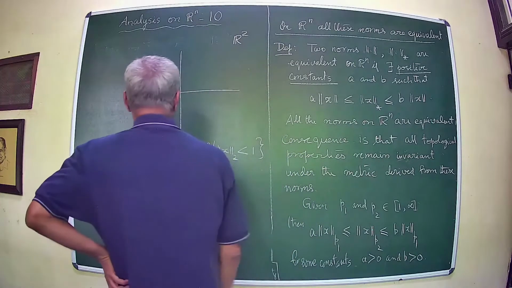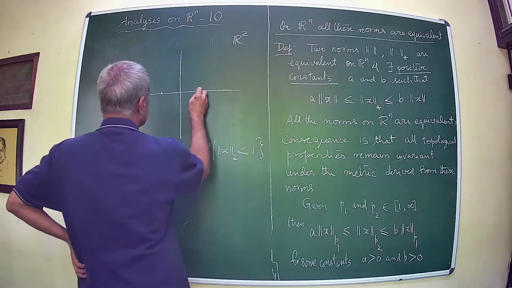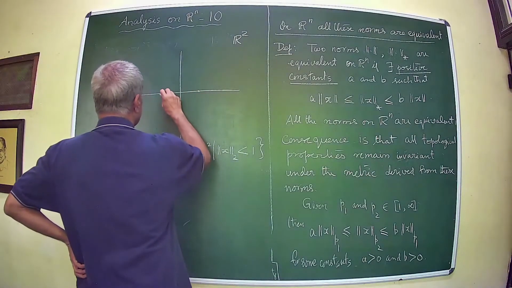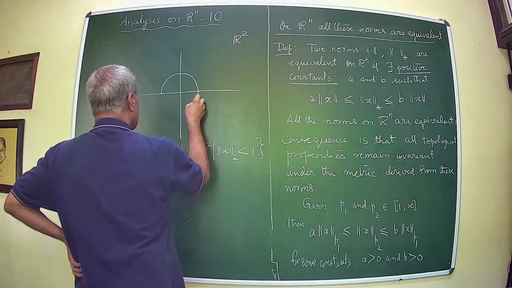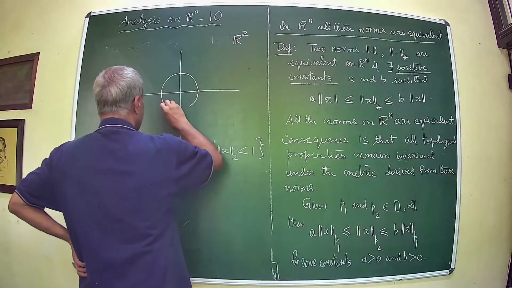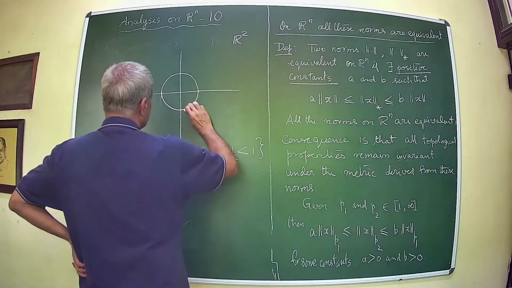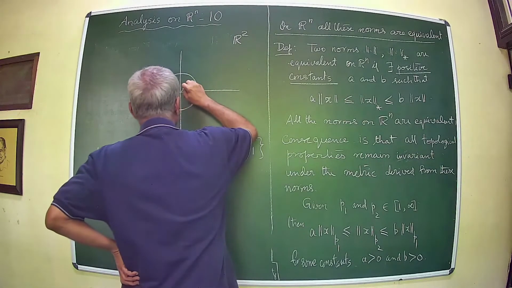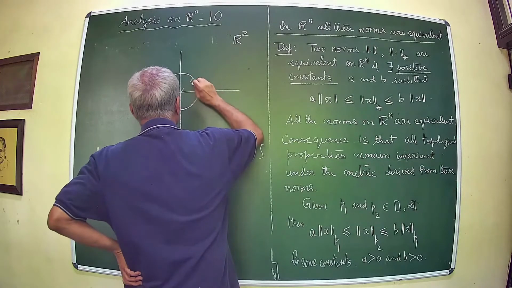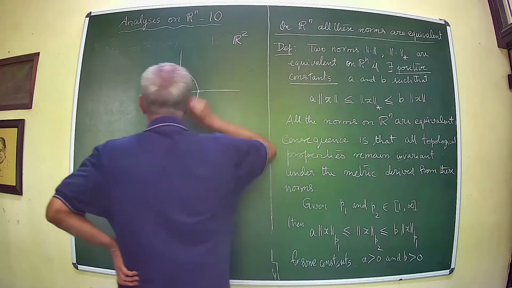Okay, so you see that what is the unit? So this gives the disk. See that this distance is equal to 1.